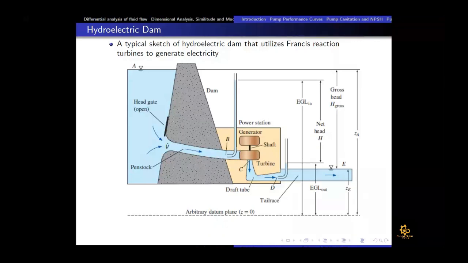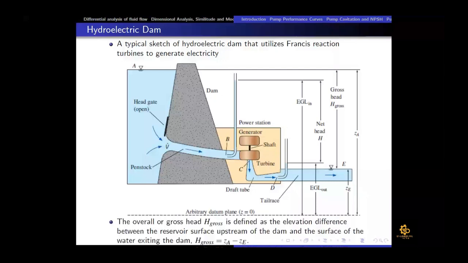I have just explained the overview of this schematic of the dam. Now we can go through the next slides explaining different parameters of this hydroelectric dam. The overall or gross head, shown here, is defined as the elevation difference between the reservoir surface upstream of the dam, which is point A, and the surface of the water exiting the dam, which is point E, right?